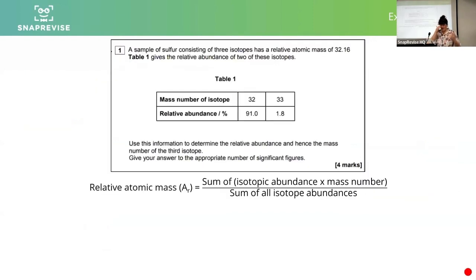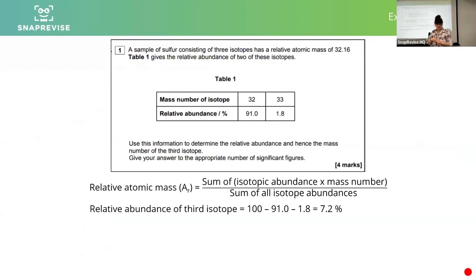Okay, so if you were to do this question, we would hopefully remember the relative atomic mass equation, which is the sum of the isotopic abundance times the mass number of that isotope. Sum all of those up and then divide by the sum of all isotopic abundances, which is usually 100. So in this case, the relative abundance of the third isotope must be 72%, because the others add up to the difference, 92.8.